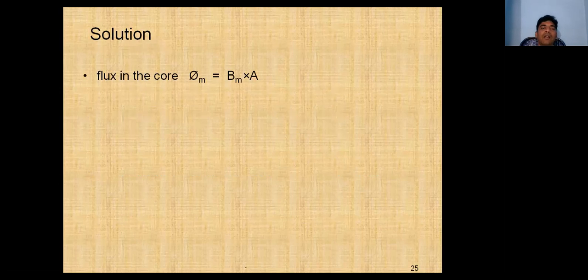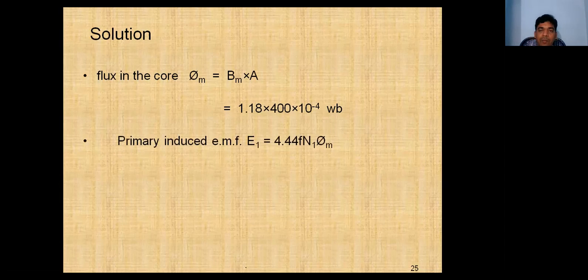Flux in the core phi m is equal to Bm into A, that is equal to 1.18 into 400 into 10 to the power of minus 4 Webers.